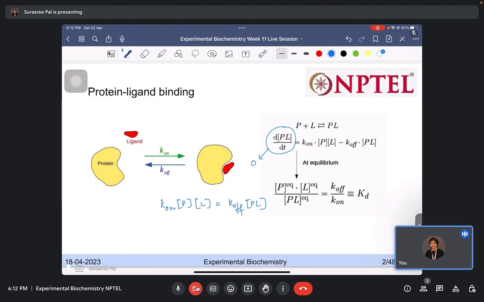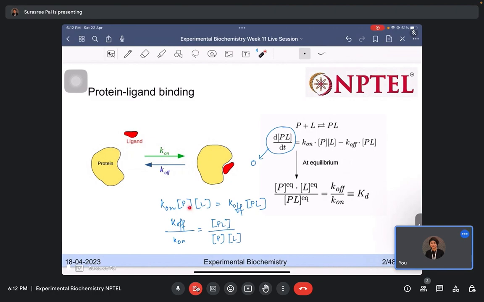And therefore, what we can write is that K off by K on is PL, that is the protein-ligand complex concentration, divided by the concentration of the free protein into the concentration of the free ligand.